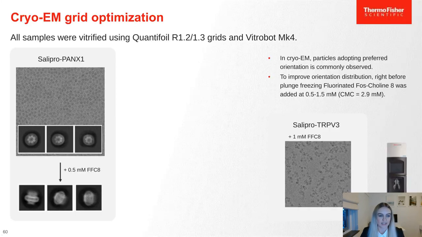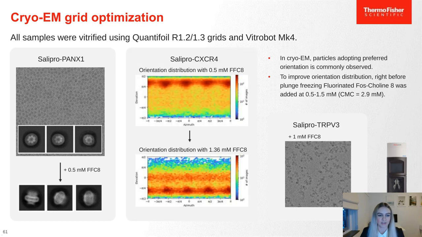And you can see here for the Salipro Biotech 1, adding a bit of detergent helps to improve these orientations, and we could see a lot more side views in 2D class averages, and a similar effect was observed with Salipro CXCR4, as when we added more of the detergent, we saw a better angular distribution plot in the final reconstruction.